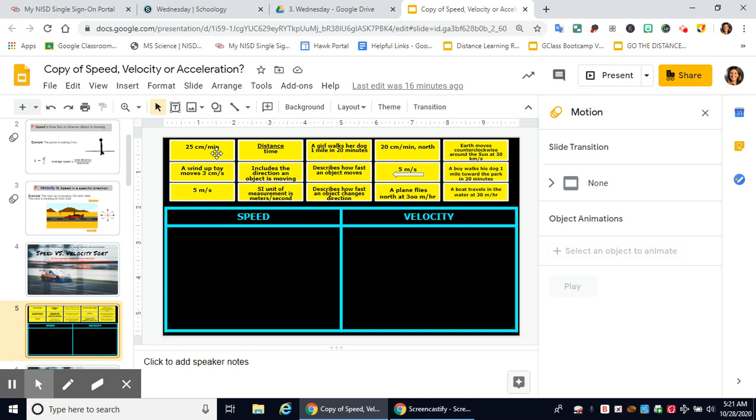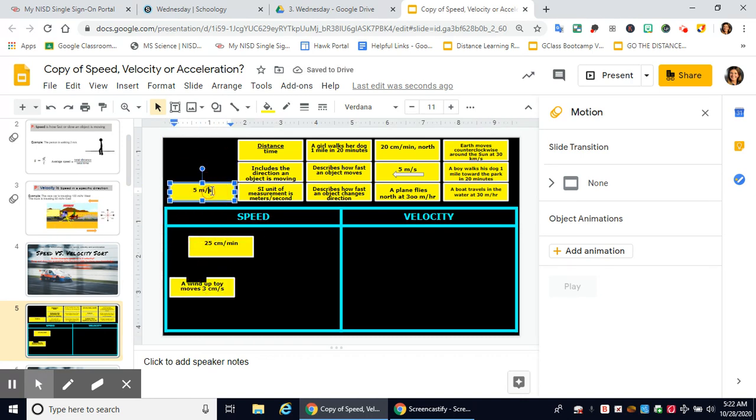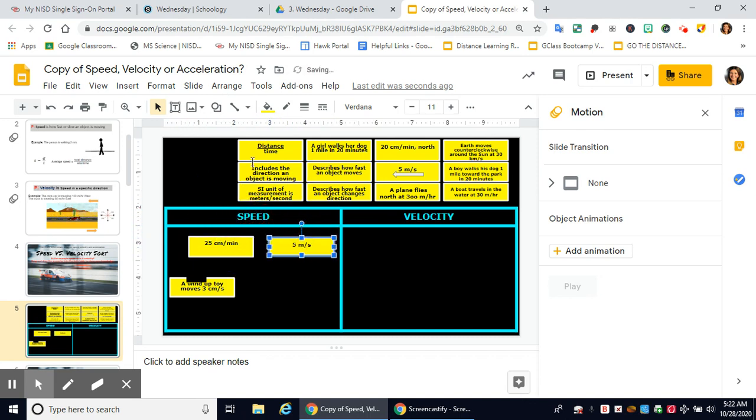So 25 centimeters per minute would be an example of speed. A wind-up toy moves 3 centimeters per second. That's an example of speed. 5 meters per second. That's an example of speed.